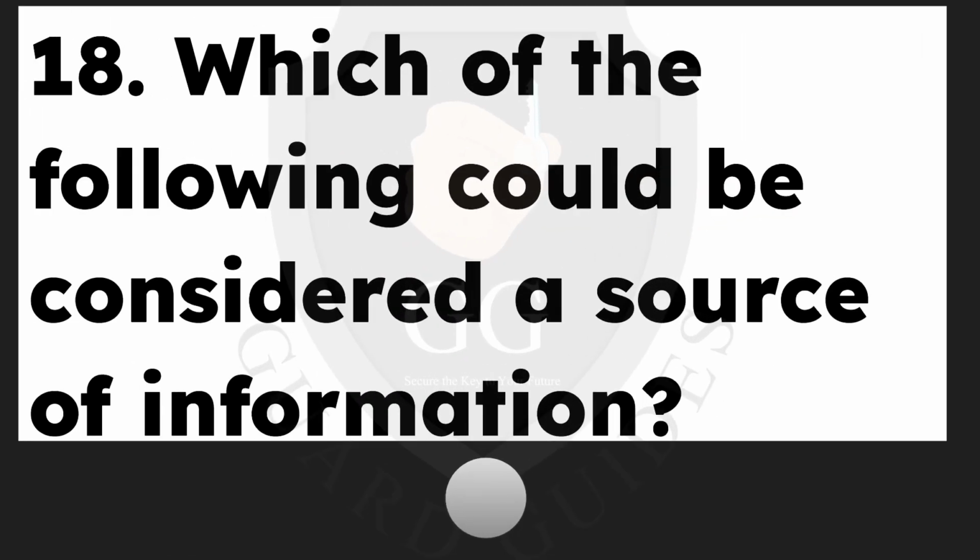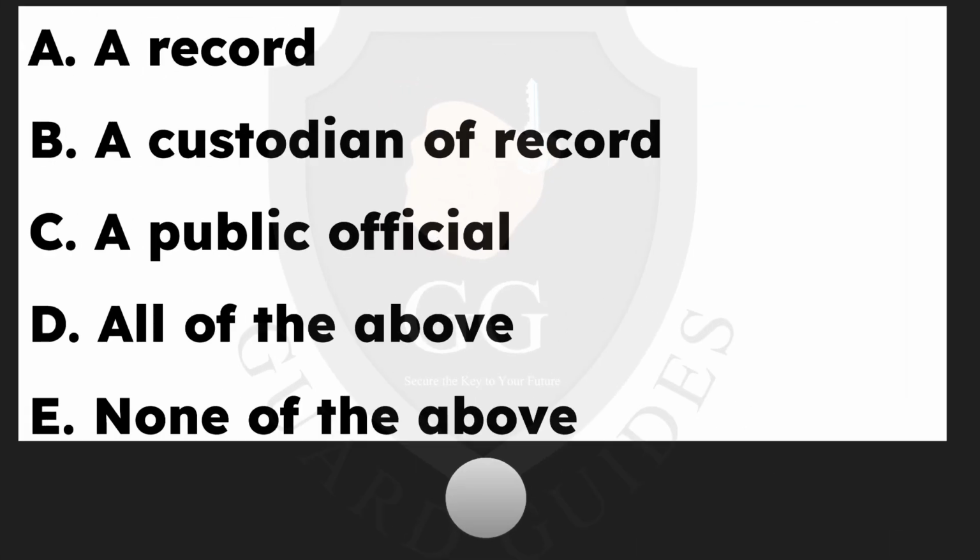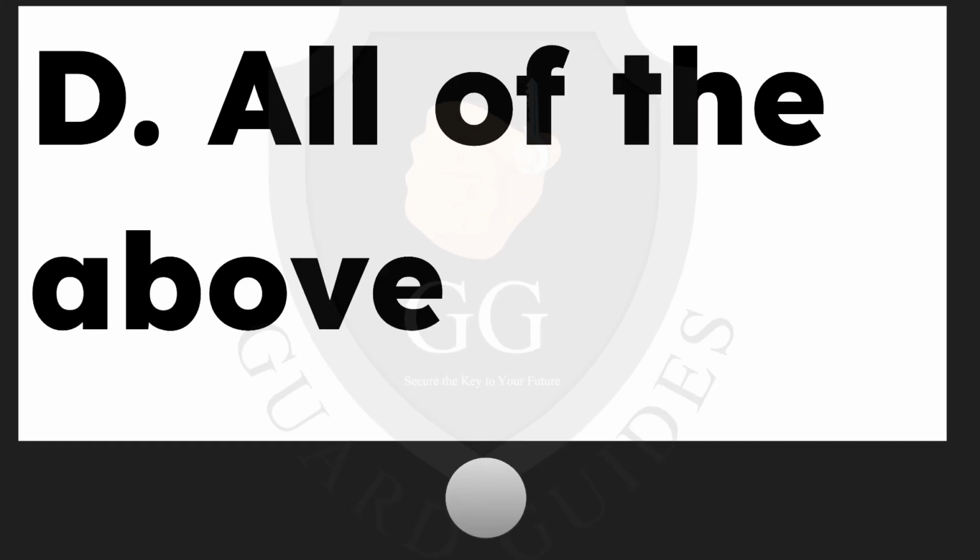Number 18. Which of the following could be considered a source of information? A, a record, B, a custodian of record, C, a public official, D, all of the above, or E, none of the above. The answer is D, all of the above.